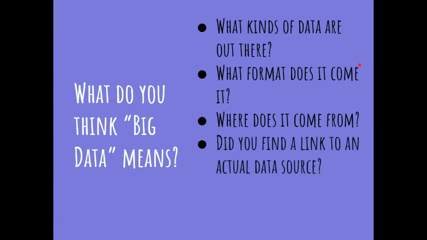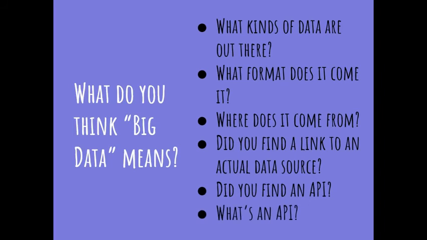Did you find a link to an actual data source on your website? Did you find an API? What's an API? You might remember that definition from Unit 3. So think about these things as we move forward in this unit and in this lesson. And if you want to click on some of the other links on that activity guide and look around, feel free. It's kind of fun.